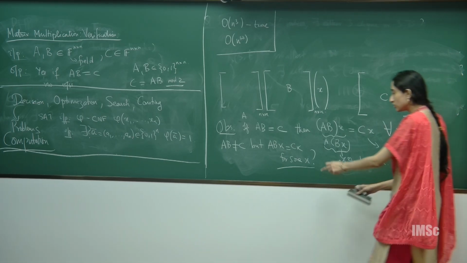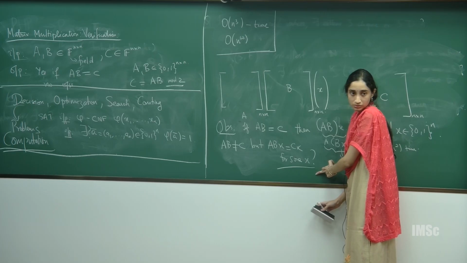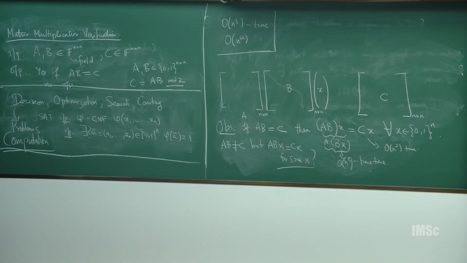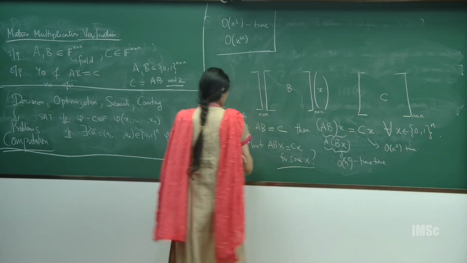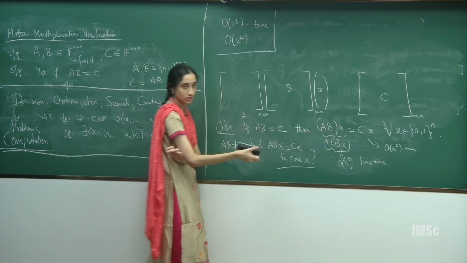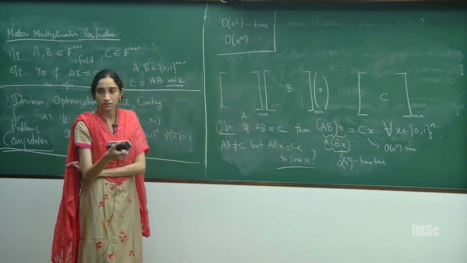If the answer to this was actually no, what would be an algorithm? Suppose you are able to guarantee that if AB is not equal to C, no matter what X I pick, this will not be equal.